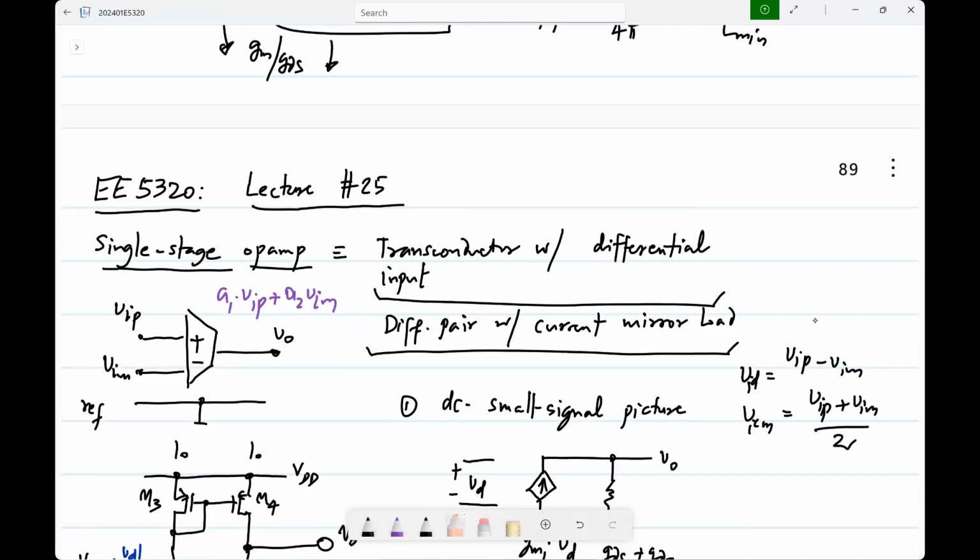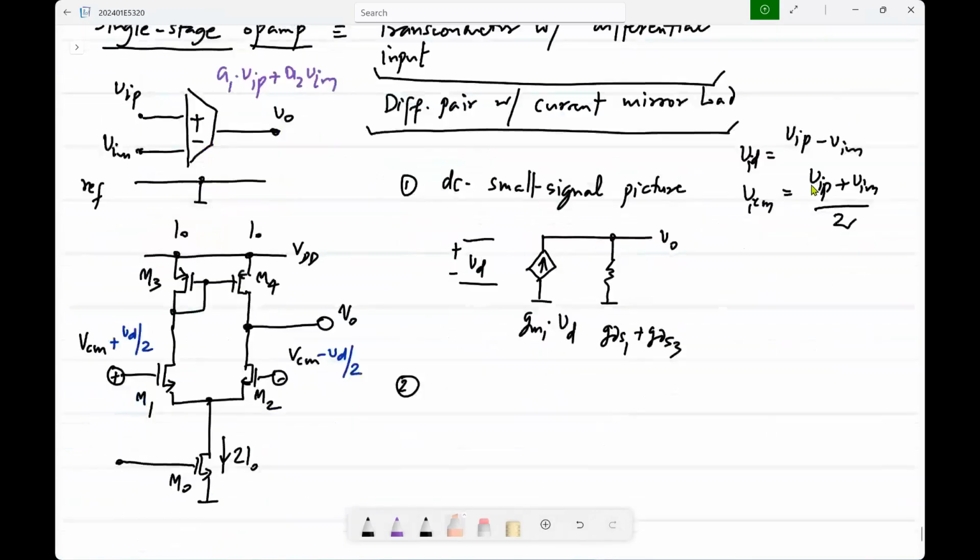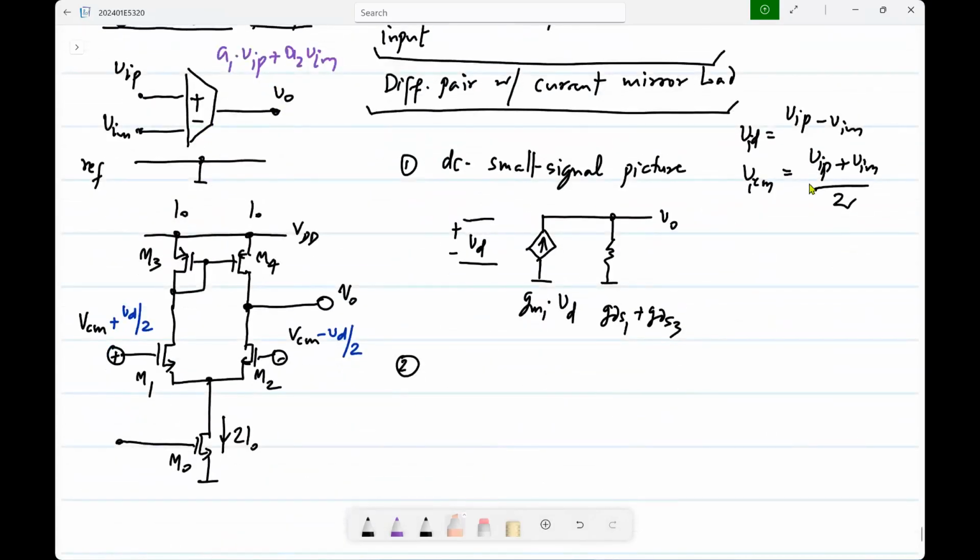So the gain from VID to the output should be large, and the gain from VICM to the output should be 0. Now when it turns out it's not exactly 0, we'll see. This is the picture from the, let me call this VID to indicate the input difference.